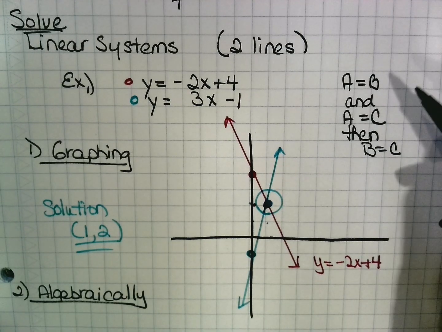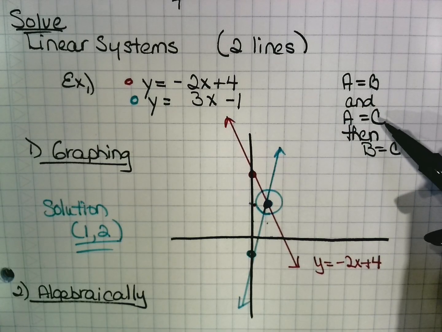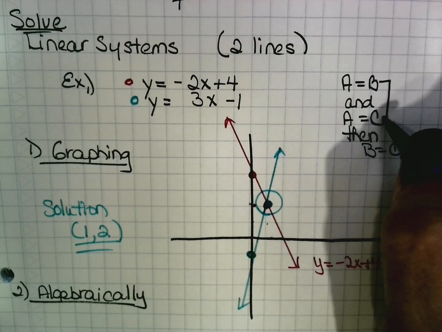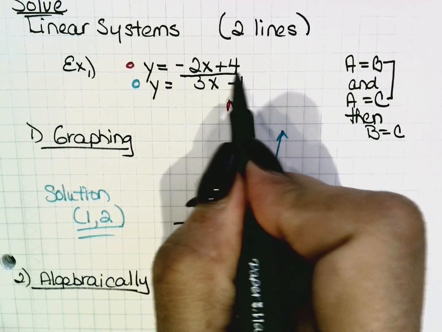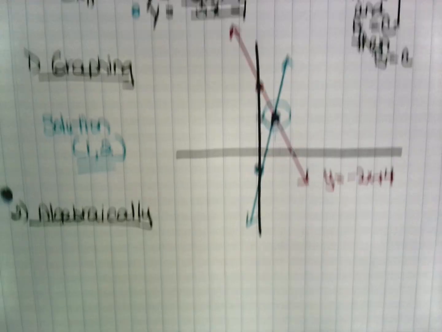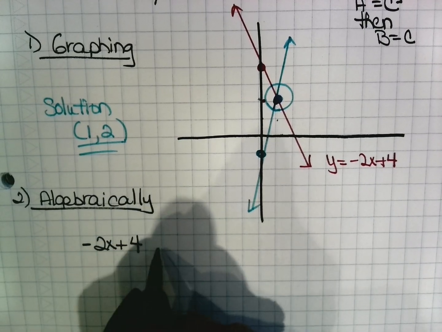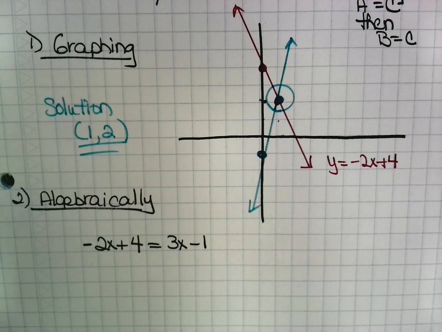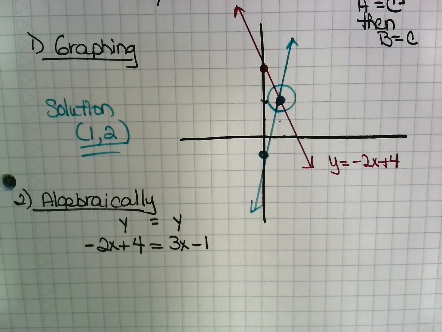That makes sense, because they're equal to the same thing. Well, same thing here. This is equal to y and this is equal to y, so together they must be equal to each other. So negative 2x plus 4 must be equal to 3x minus 1, because they are both equal to y and y equals itself.